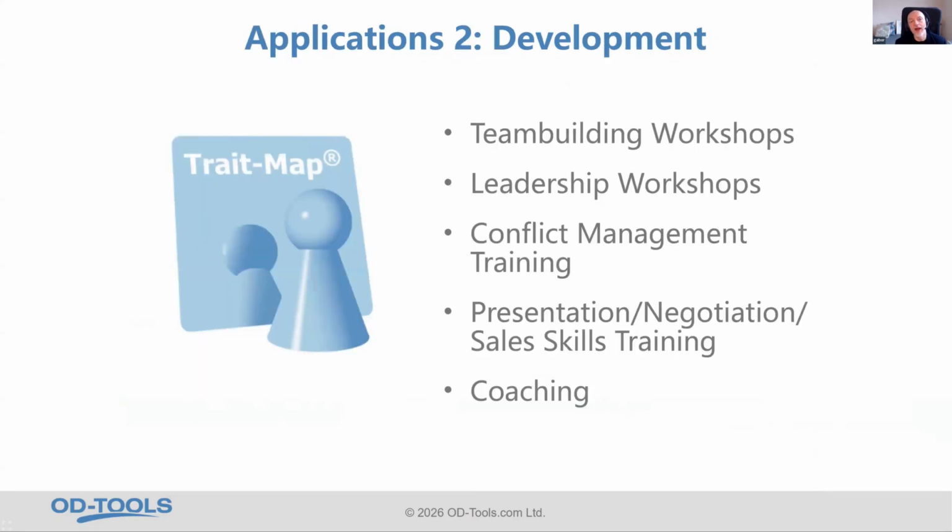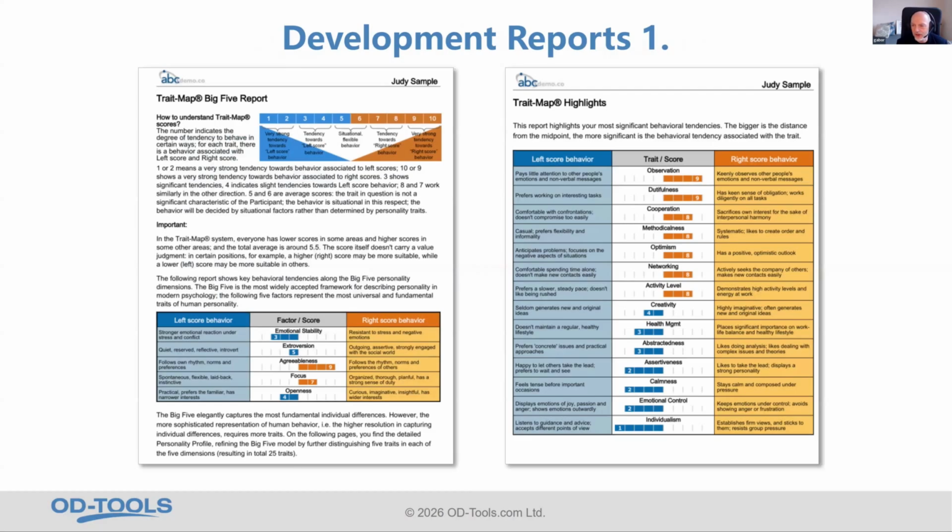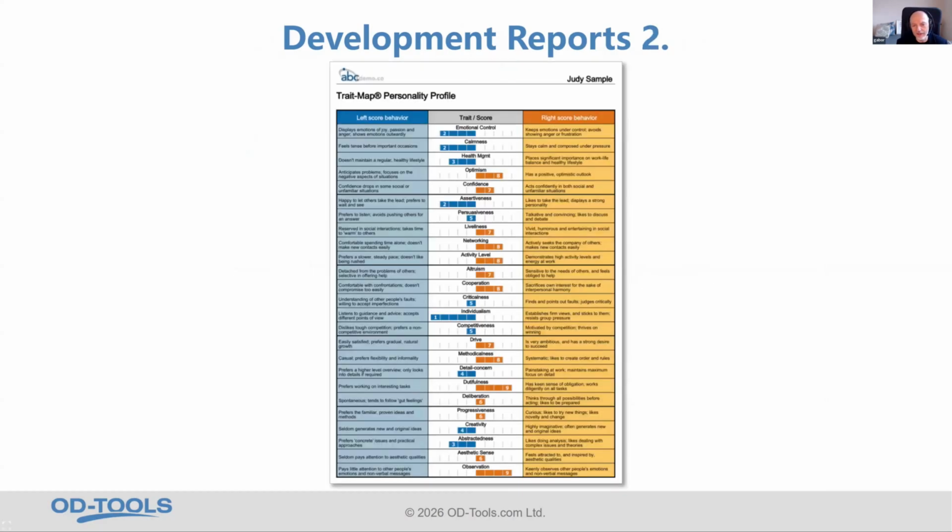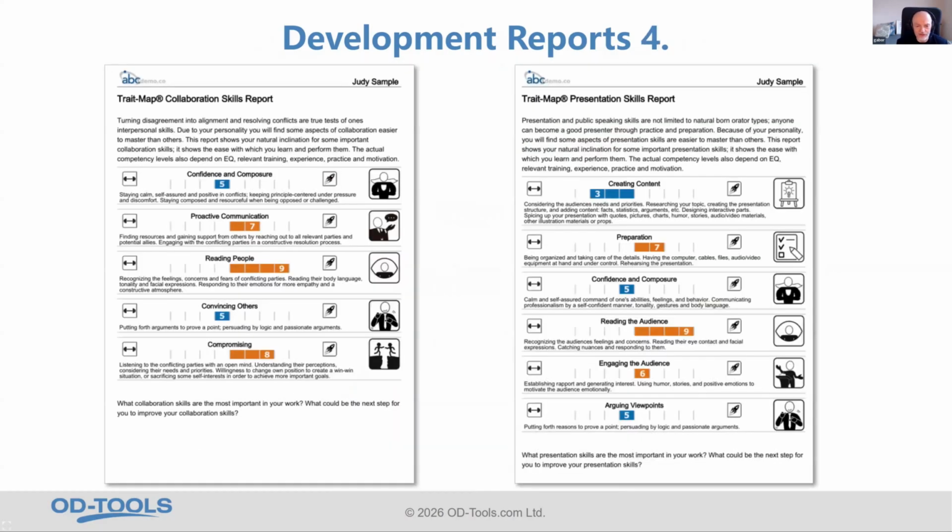It also provides reports for development, for team building workshops, for leadership development, and for a range of trainings. I just show them briefly, and if you have more interest, you are welcome to contact us.